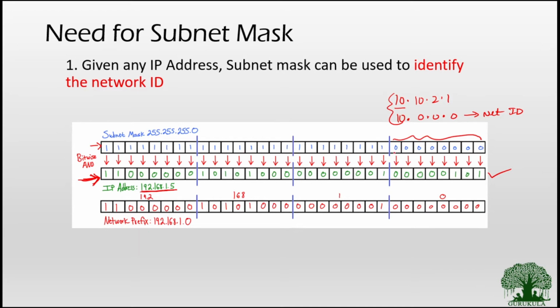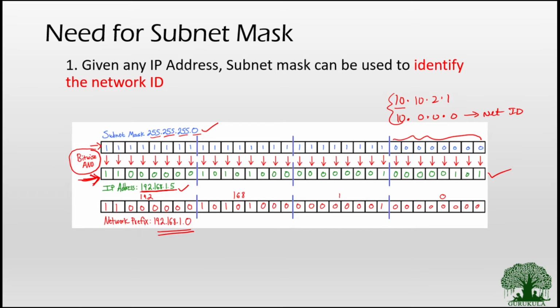So in the subnet mask, we will have to put all ones representing the network, and all zeros representing the host. So my subnet mask will be 255.255.255.0. Now you will have to perform a bitwise AND operation between the subnet mask and the IP address, which will give you the network ID of the given address space.